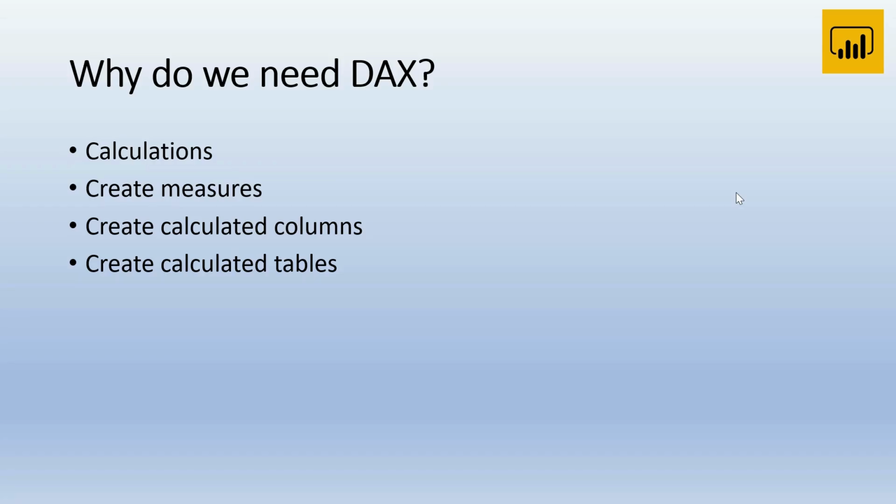The basic idea of why we need DAX is to perform calculations, and there can be multiple kinds of calculations here. These could be measures, calculated columns, or calculated tables. We can manually create tables in the data model or in Power BI using calculations, or inside a particular table we can create columns and measures using calculations. So this is why we need DAX.